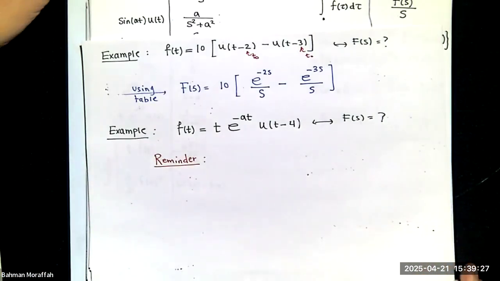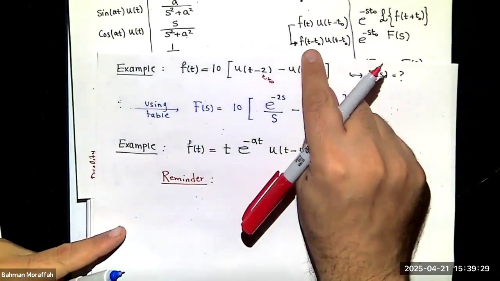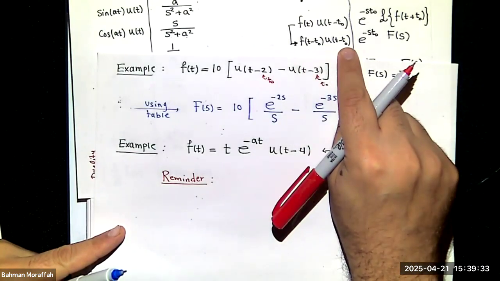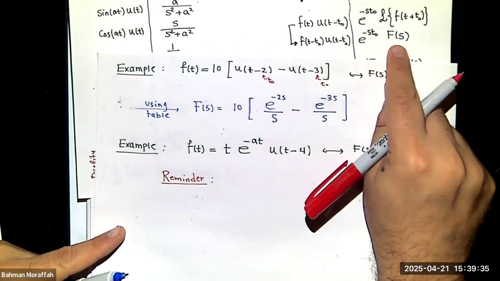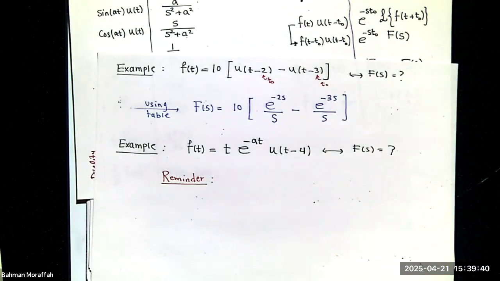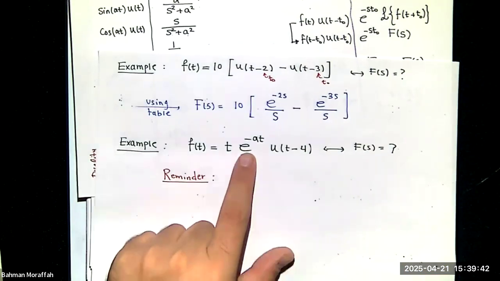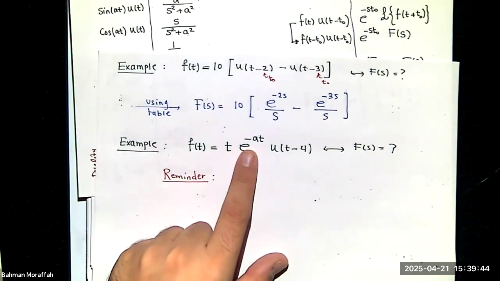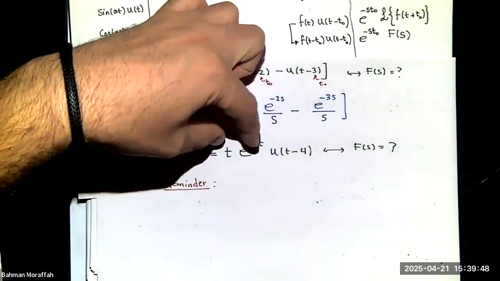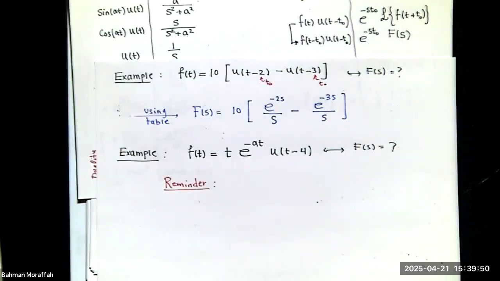Remember, if I have f of t minus t naught times u of t minus t naught, I just need to find the Laplace transform of f and multiply it by the shift. But this function is not quite f of t minus t naught. If I look at this t times e to the power of minus at, it does not have t minus 4 in it. So it is not f of t minus t naught.